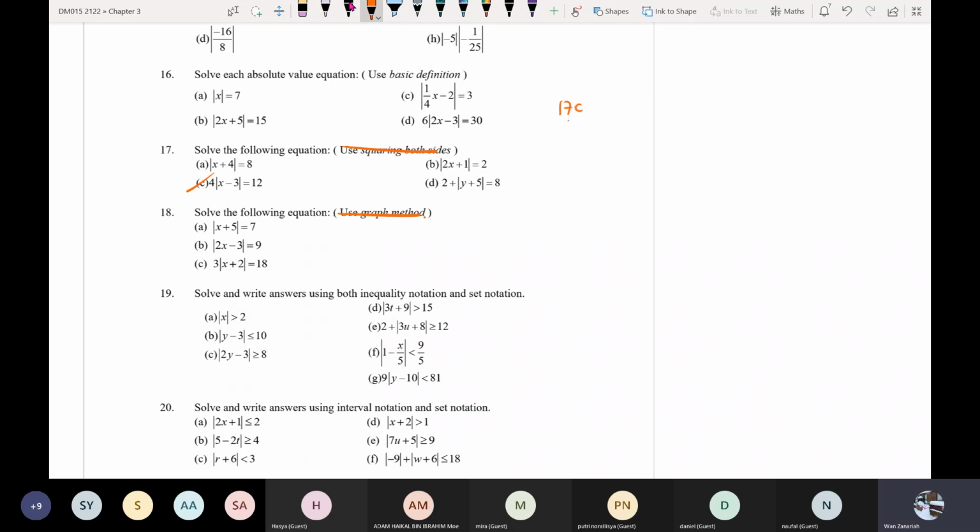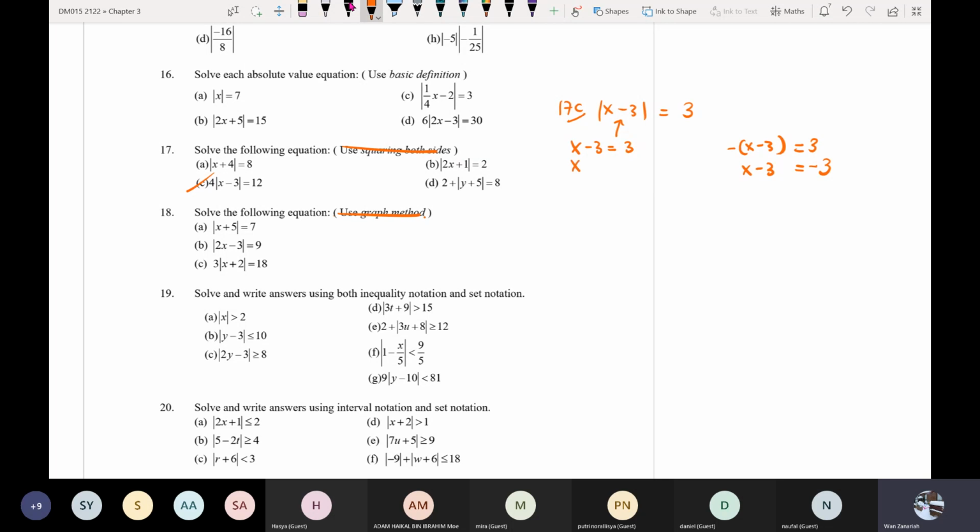Okay, 17C. So, absolute x minus 3 equals 12 divided by 4, which is 3. Okay, barulah pecahkan absolute ni. The first one, x minus 3 is positive. The second one is the absolute value negative, where x minus 3 is negative. We multiply with negative 1, so negative becomes positive. This becomes negative 3.